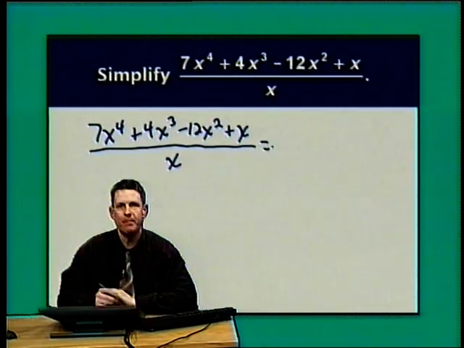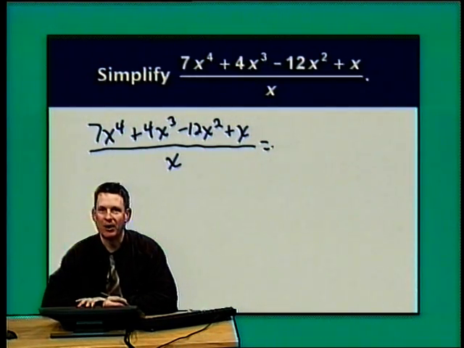And our first step after that is very similar to the first step that we used when we were dividing monomials by monomials. When we were dividing monomials by monomials, we took the single fraction and turned it into the product of several fractions. What we're going to do here is take the single fraction and turn it into the sum and difference of several fractions.